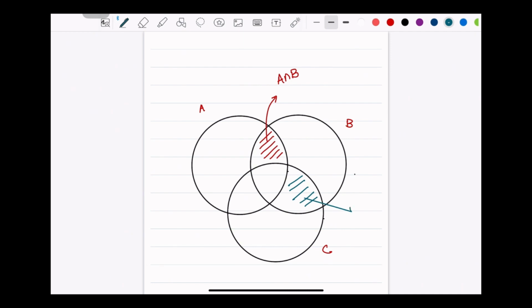This one here is common between B and C only, so B intersection C. And this one here is common between A and C only, so A intersection C.